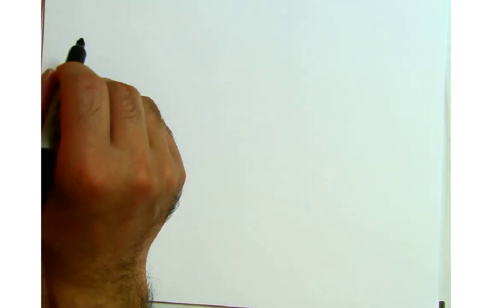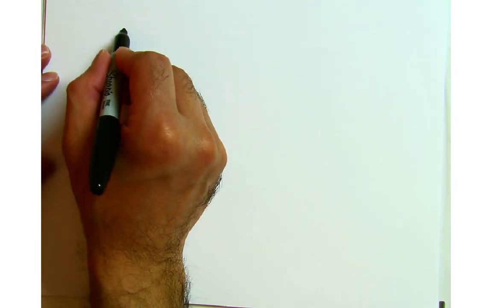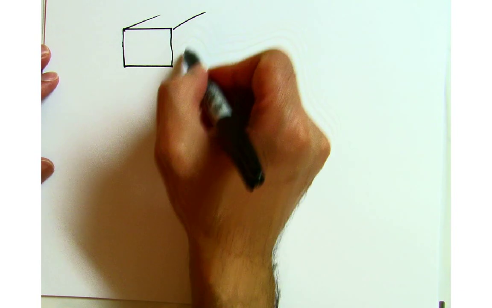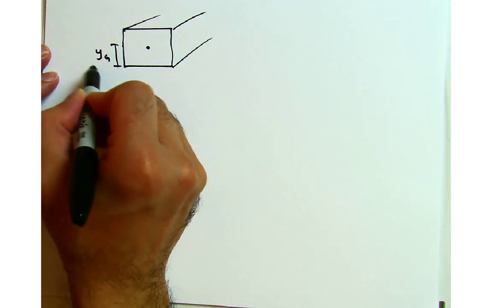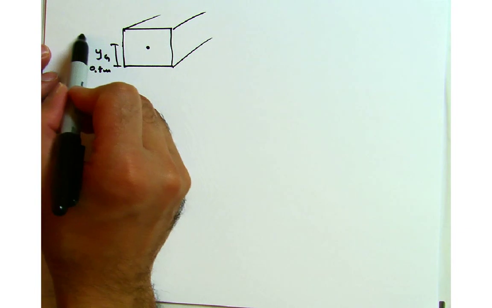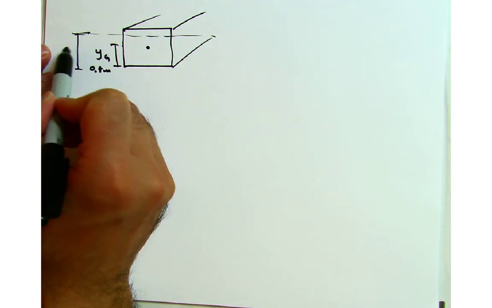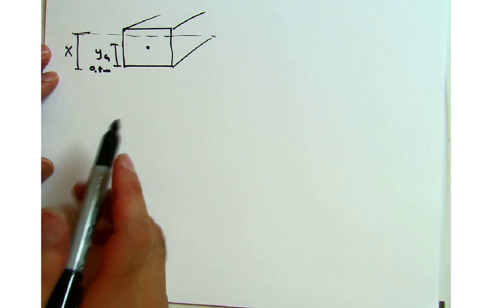So if you have this object somewhere over here, we have YG, which is 0.8 meters, and we want to find out exactly how much this is floating. I can call this distance x. So x is how much this thing is floating inside the liquid.